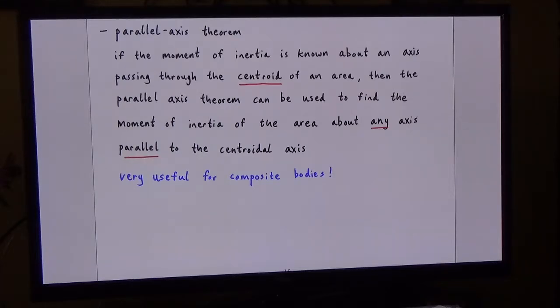So first of all, what does the parallel axis theorem say? This is what it says. If the moment of inertia is known about an axis passing through the centroid of an area, then the parallel axis theorem can be used to find the moment of inertia of the area about any axis parallel to the centroidal axis. So that's kind of wordy, right? Really what it means is this.